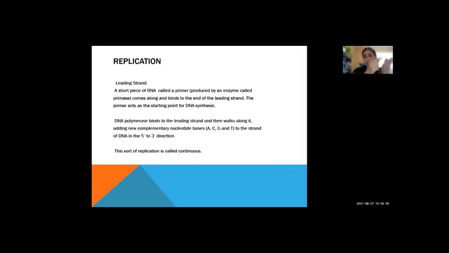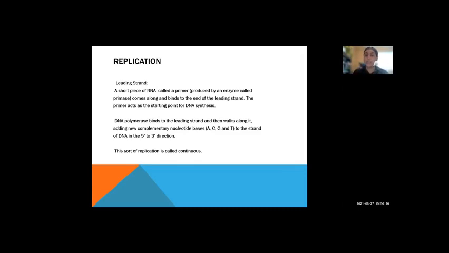That primer comes and attaches itself to the leading strand, and it starts to produce DNA bases. And then it goes away, and DNA polymerase comes. Ase means what? Enzyme. Excellent.